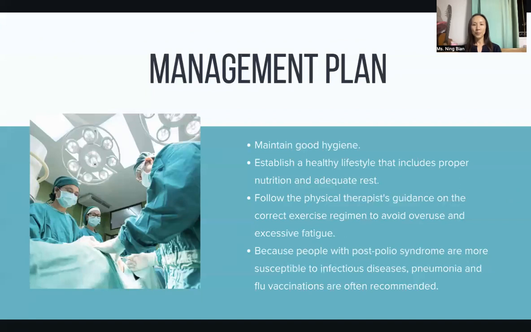Management plan. Maintain good hygiene. Establish a healthy lifestyle that includes proper nutrition and adequate rest. Follow the physical therapist's guidance on the correct exercise regimen to avoid overuse and excessive fatigue.